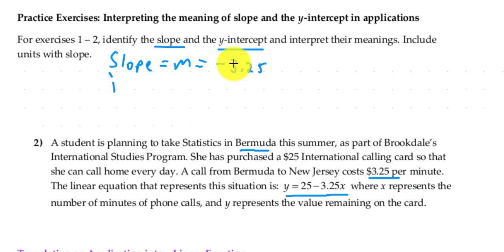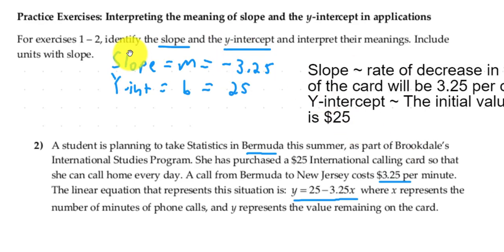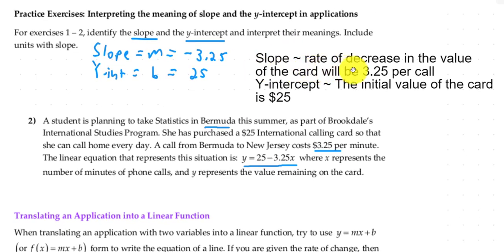And the y-intercept, or the vertical intercept, same thing, which is my b, would be the $25. And I'll type up the practical meaning in the text box. I wrote my meaning over here. So the slope: the rate of decrease in the value of the card will be $3.25 per call.